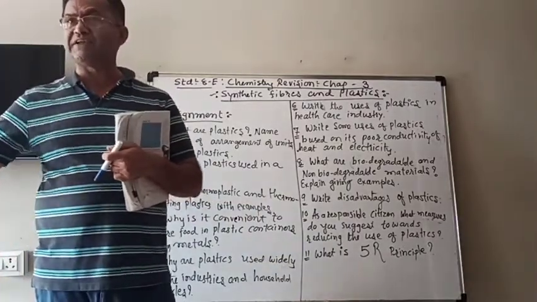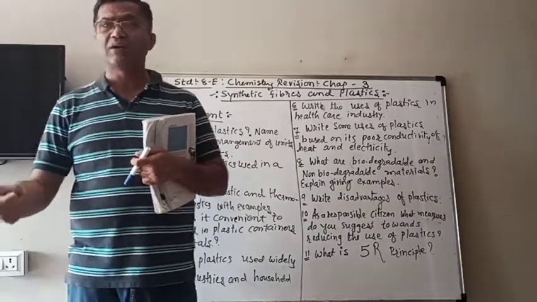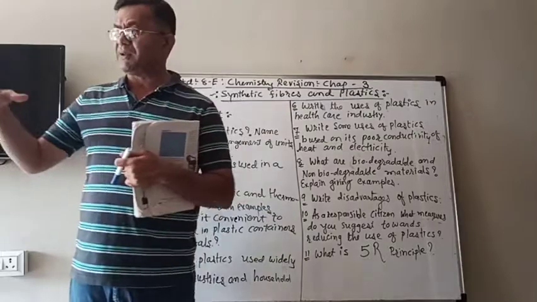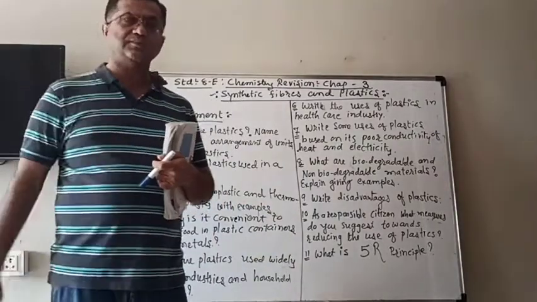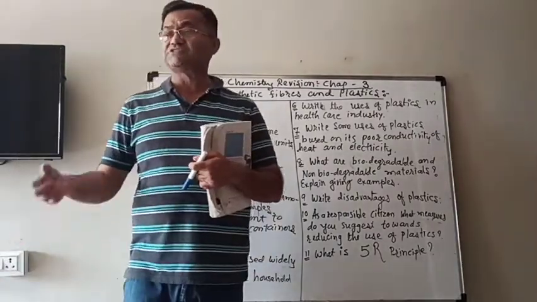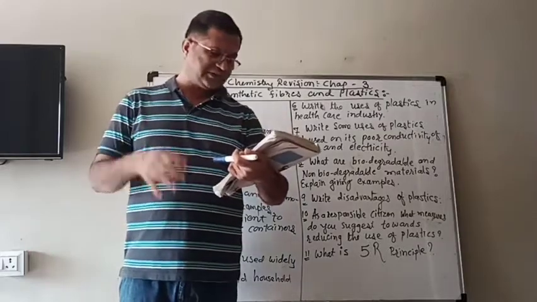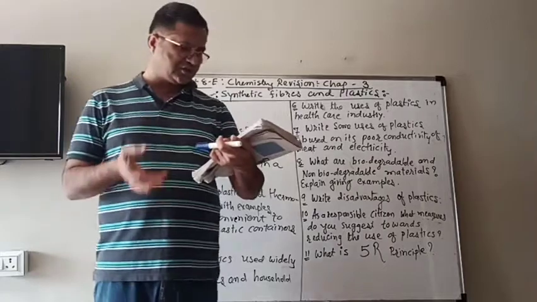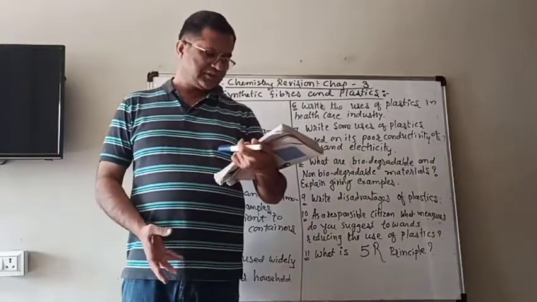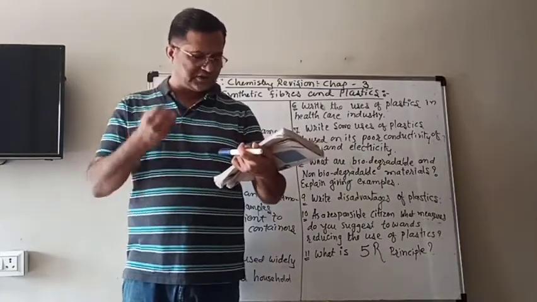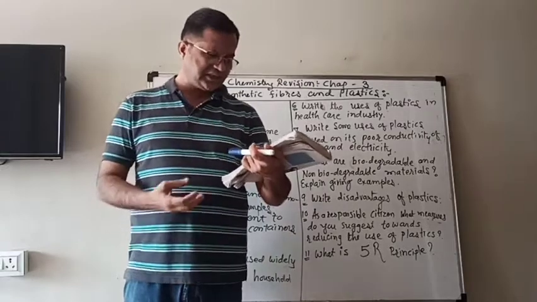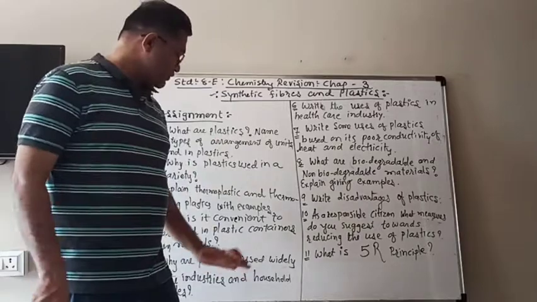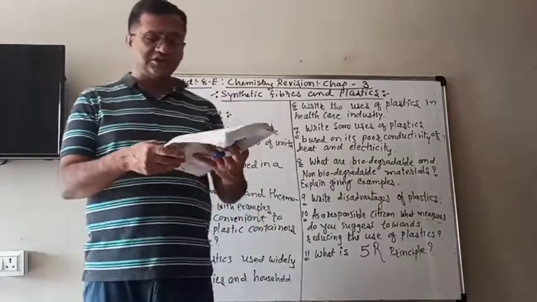So it is very difficult to carry them for a distance. But if you use plastic buckets or plastic containers, they are lightweight, so you will not feel that much weight. And as I told you, they are cheaper, they can be made in different shapes and sizes, and therefore they are widely used in industry and for household purposes also.